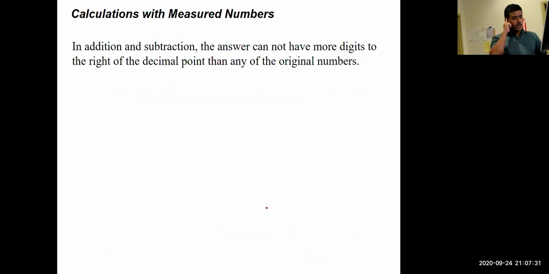All right, now that you know how to identify the number of significant figures in a given number, it is not enough to know how to identify significant figures in a given measurement, but you should also apply certain rules whenever you include measured values in a calculation.